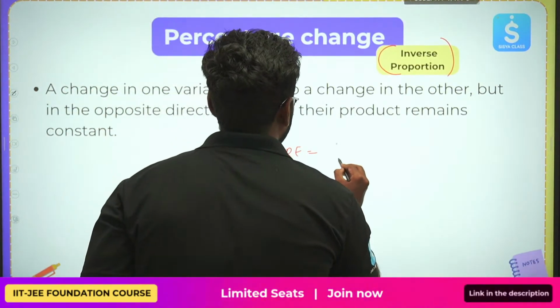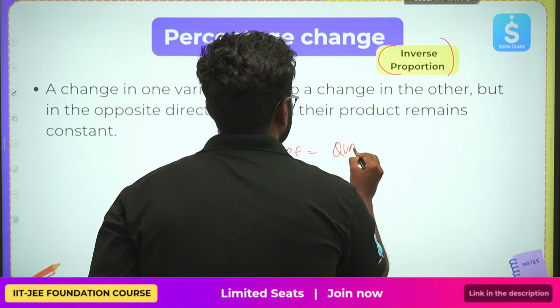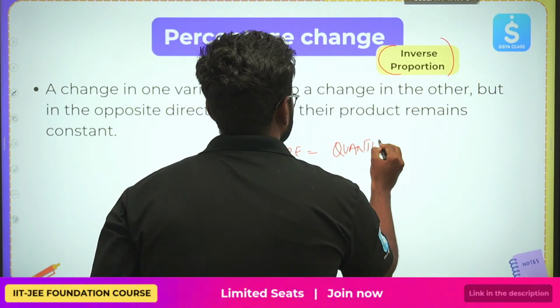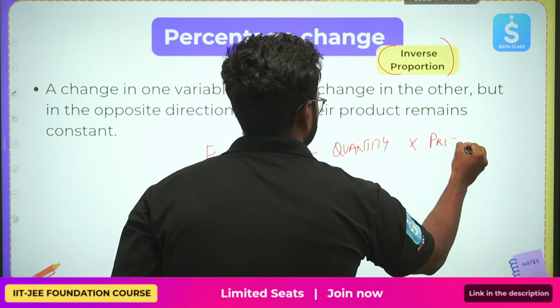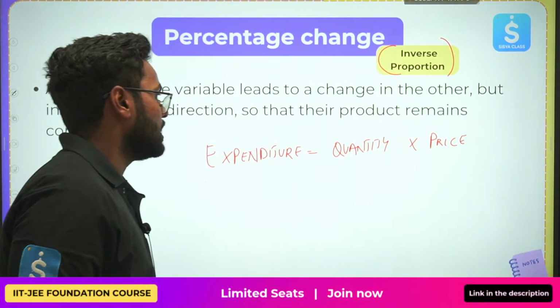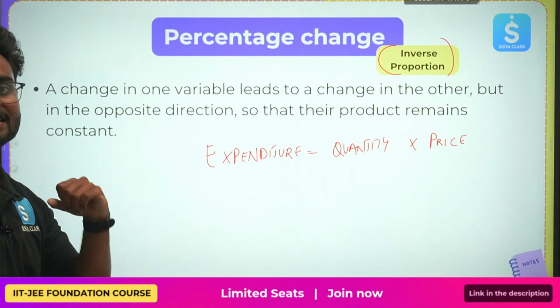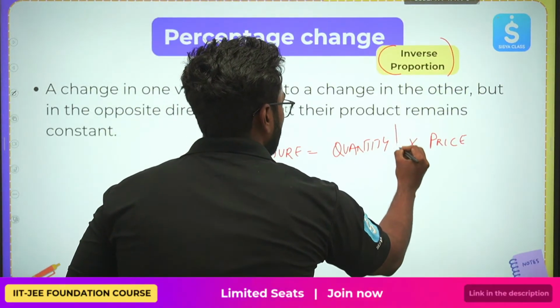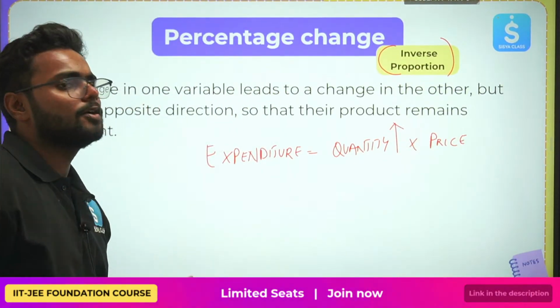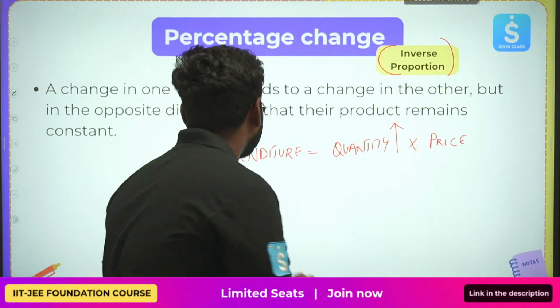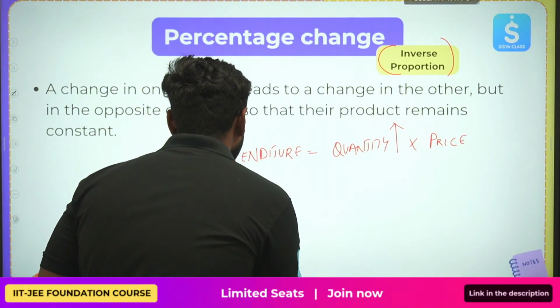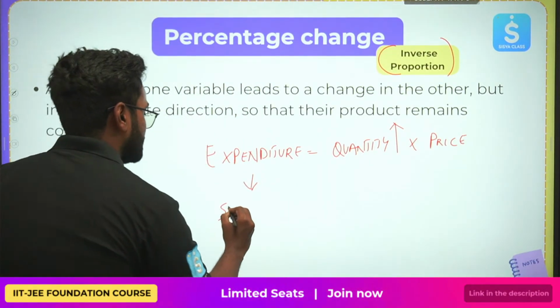If you are taking a quantity into price. Now, if the quantity is increased, you are taking more quantity, but you want to keep your expenditure constant. Same expenditure.